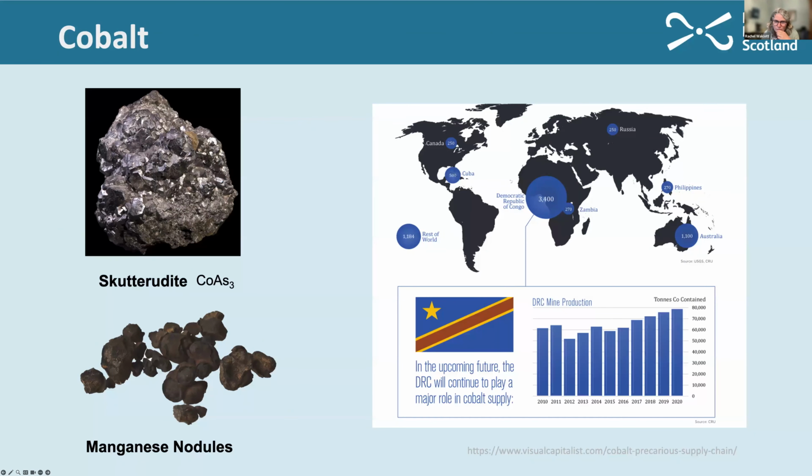Cobalt also comes a lot from the DRC, but it comes from the south of Congo. Congo's huge, so the southern area is not as governed by warlords and so much, but there are issues with that. I showed the mineral scutterudite.